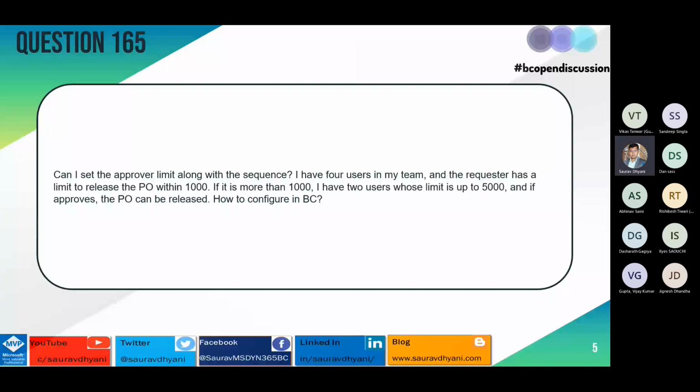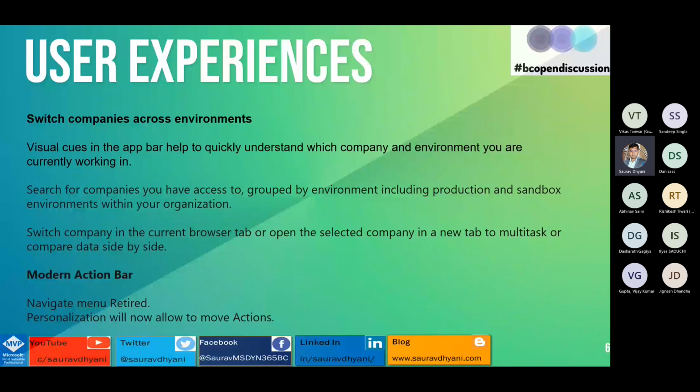So the first thing that I was super excited about was switching companies across environments. This is something where every customer that I talked to had problems because they have multiple environments. And there was this system indicator from Microsoft on company information, which was limited to 4 words, and it was very hard to understand where you are.